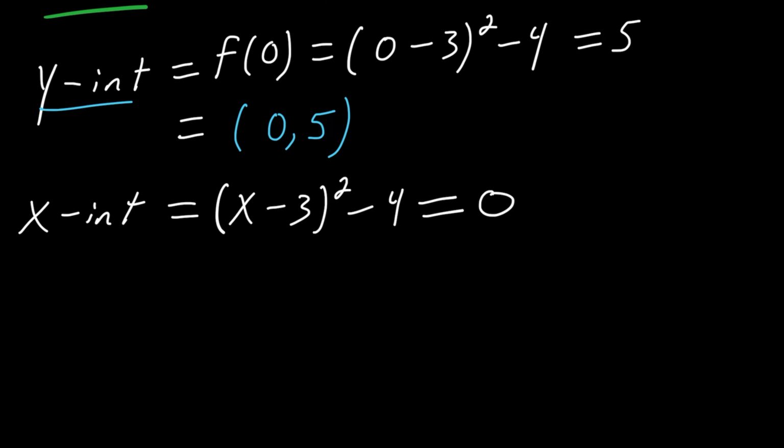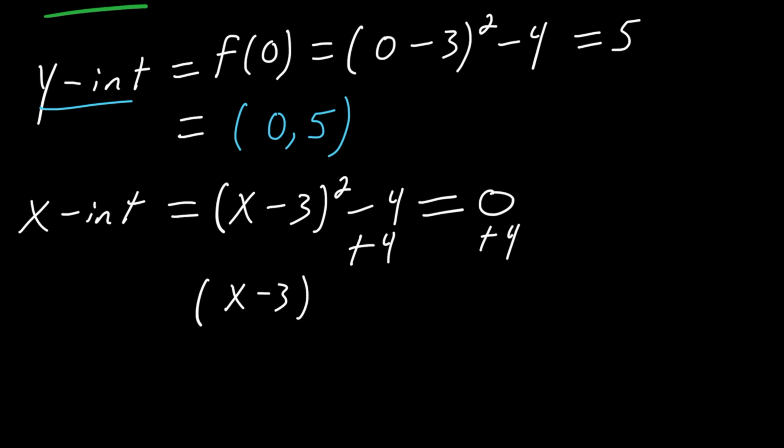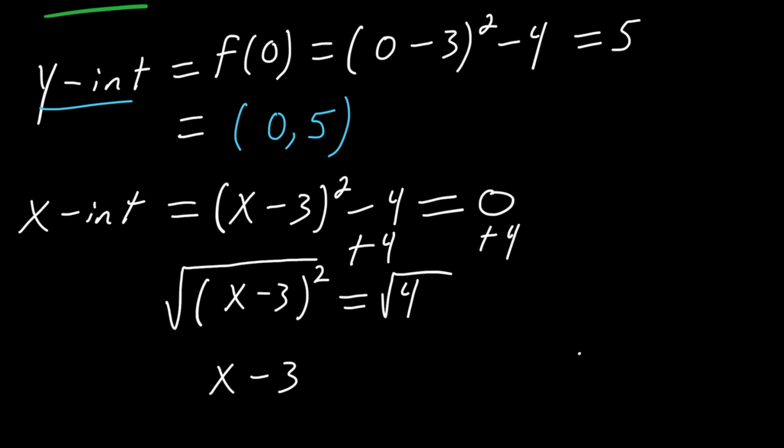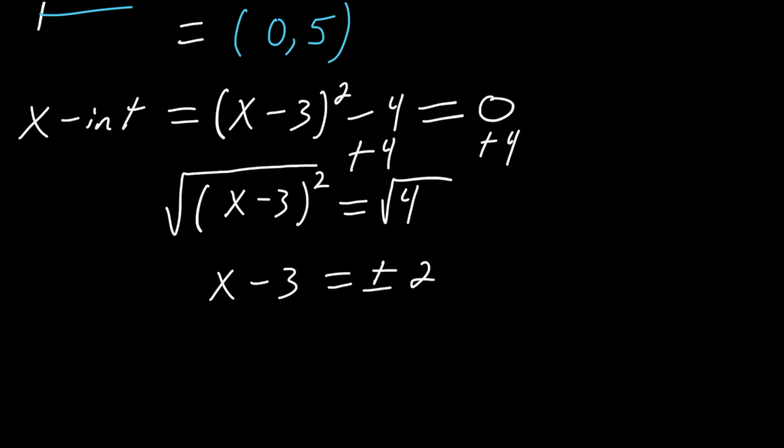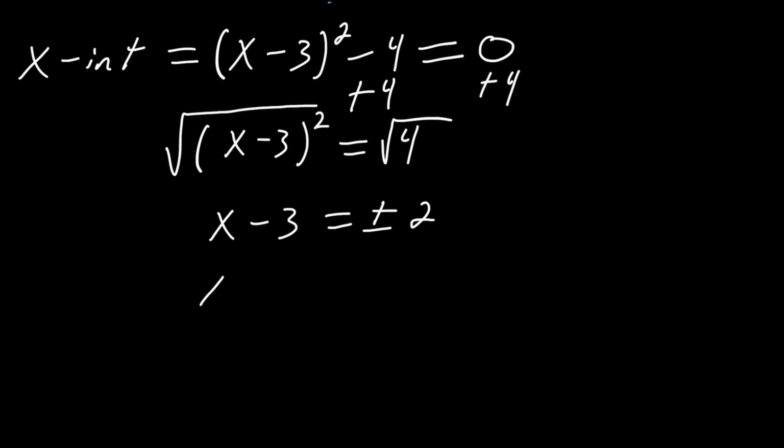First things first, let's add 4 to both sides. We're going to be left with (x minus 3) squared equals 4. I'm going to take the square root of both sides. We're going to be left with x minus 3 equals plus or minus 2. This means x minus 3 equals 2, and x minus 3 equals negative 2.